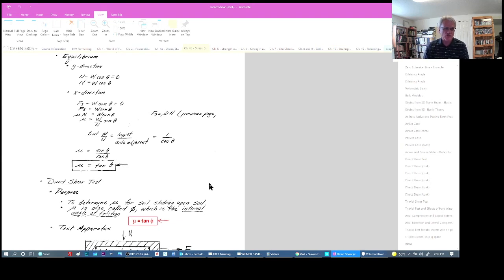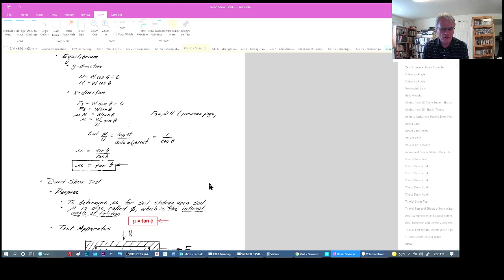So the sliding force then becomes W times sine of theta. If we substitute in for the sliding force mu times N and then solve for mu, which is the coefficient of friction, interface friction between the two planes, it would be W divided by N times sine theta.